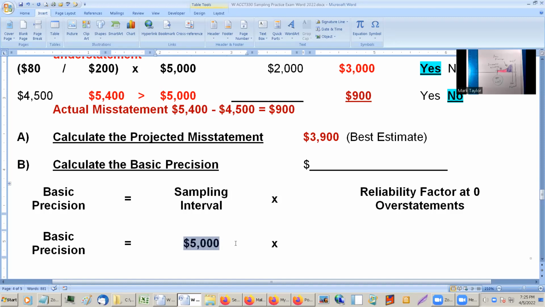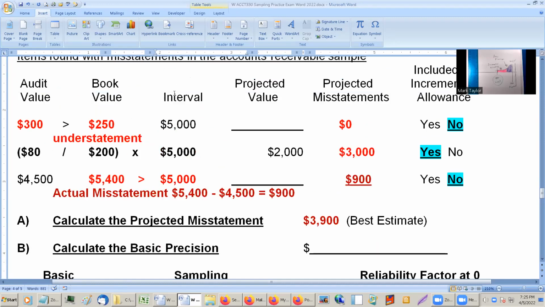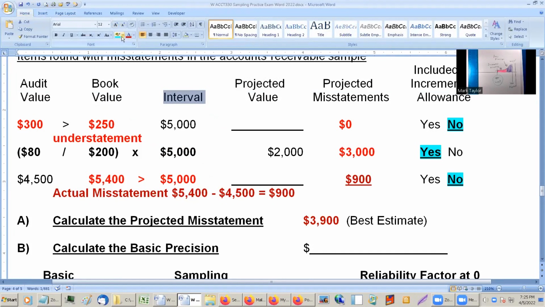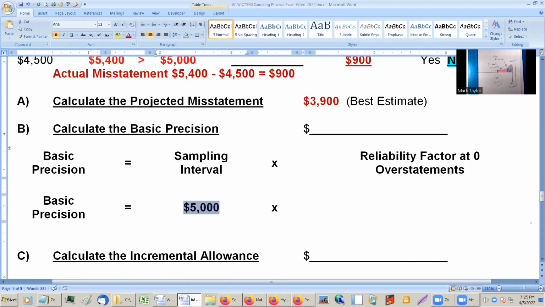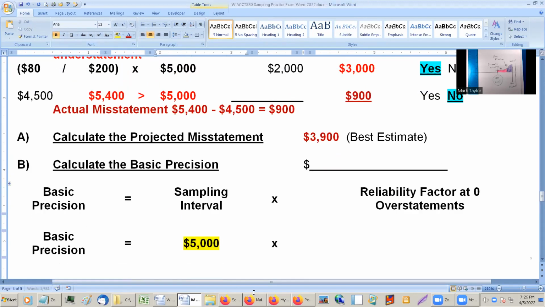It's 5,000. So the sampling interval is 5,000. Okay, so this is 5,000.